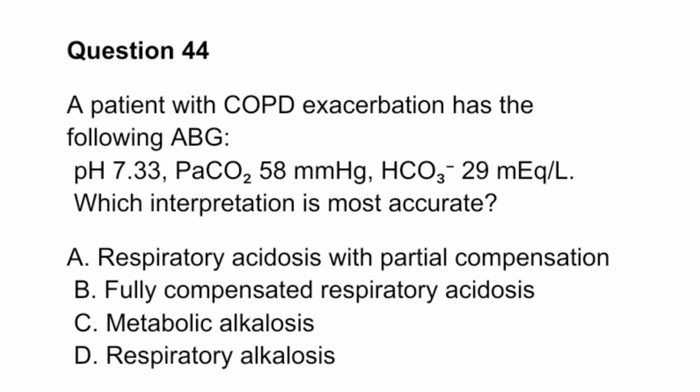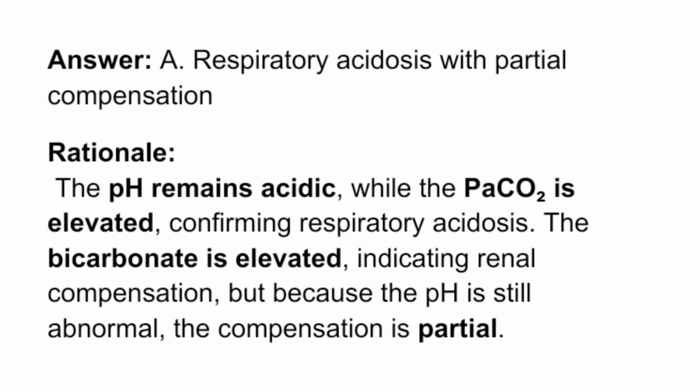C. Metabolic alkalosis. D. Respiratory alkalosis. Answer: A. Respiratory acidosis with partial compensation. Rationale: the pH remains acidic while the PaCO2 is elevated, confirming respiratory acidosis. The bicarbonate is elevated, indicating renal compensation, but because the pH is still abnormal, the compensation is partial.